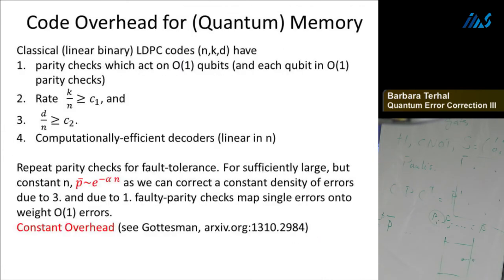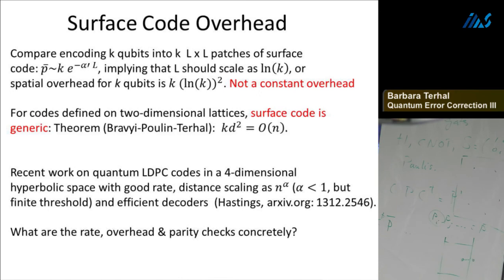Okay, so the Hadamard gates, let me see. Okay, yeah, I think I wanted to make one comment about this overhead.